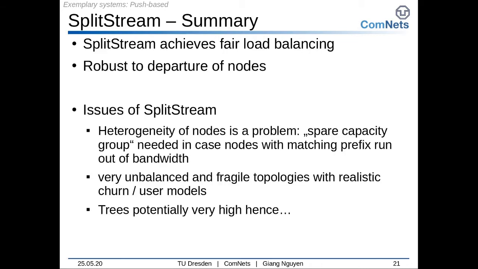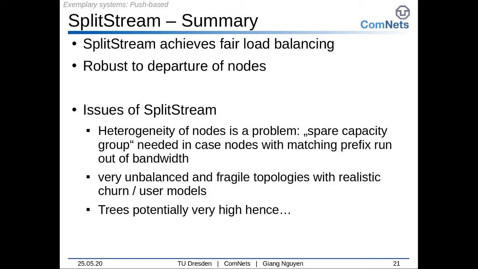However, SplitStream also has several issues. The first issue is about the heterogeneity of nodes, and the second issue is about the imbalance, and the topology is also fragile when peers join and leave very frequently.